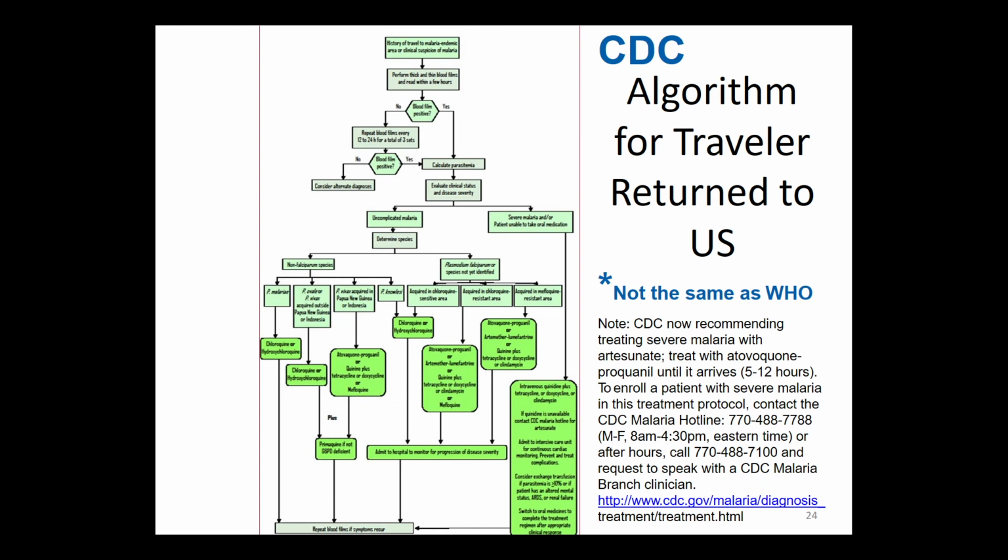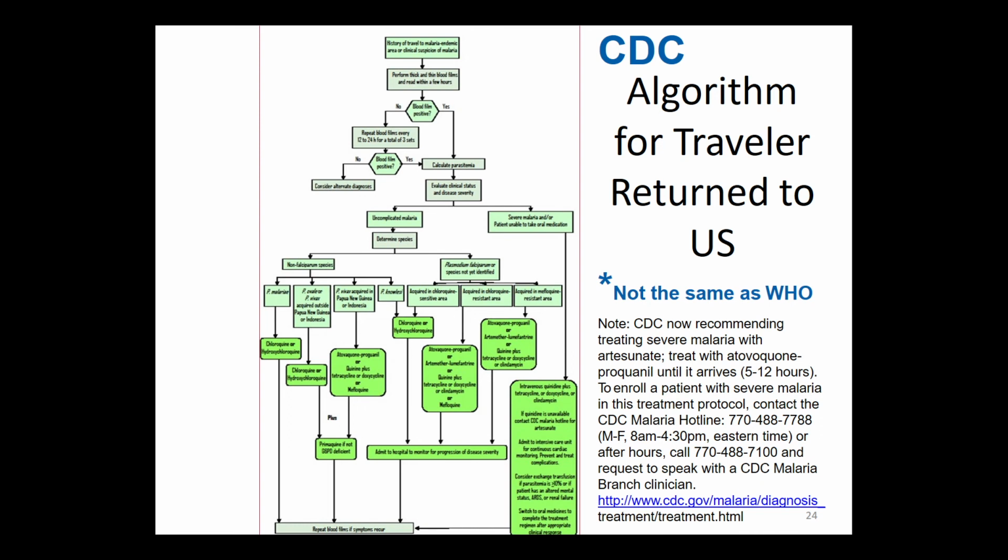If it's severe malaria from the start or the patient is unable to take oral medication, we give intravenous quinidine plus tetracycline or doxycycline or clindamycin. If quinidine is unavailable, contact the CDC malaria hotline for artesunate. Again, it depends on the country. It's a scheme for America.